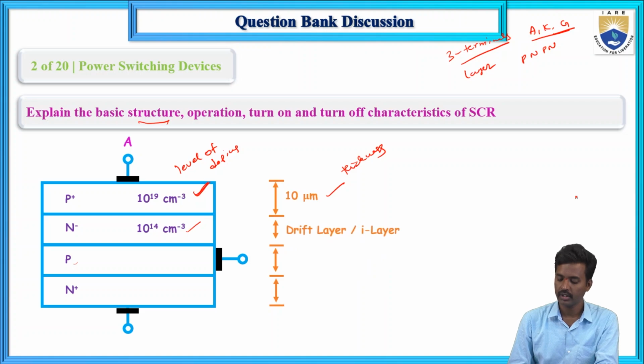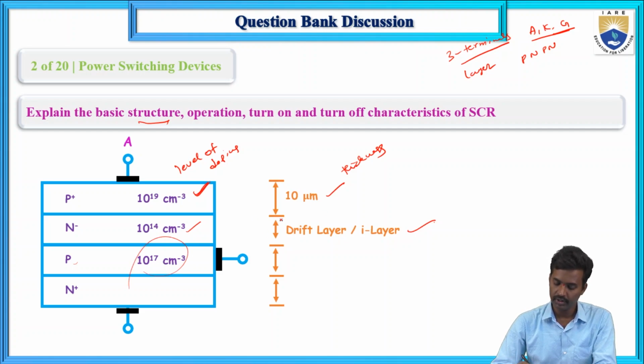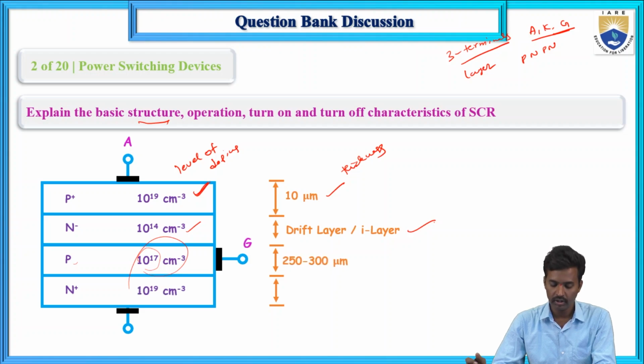Its width depends upon the supply voltage and the breakdown voltage. Next is a moderately doped layer, 10 raised to the 17 per centimeter cube, with 250 to 300 micrometers. Next is the N plus layer, 10 raised to the 19 per centimeter cube, also 250 to 300 micrometers.